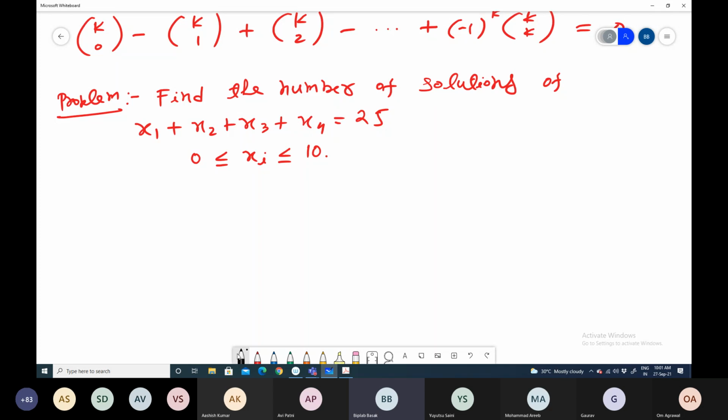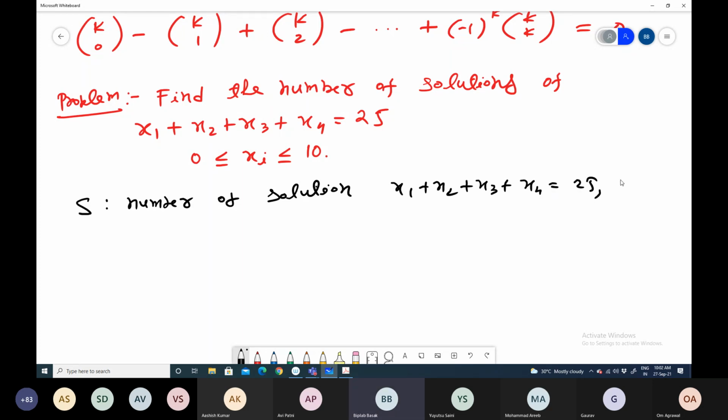First we take S as the number of solutions of x1 plus x2 plus x3 plus x4 equal to 25 with xi bigger or equal to 0, and we know the number of solutions, we have seen that.